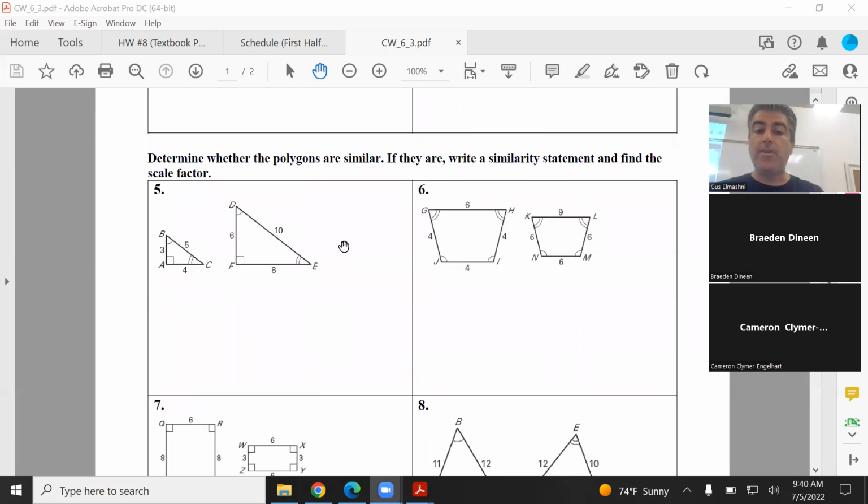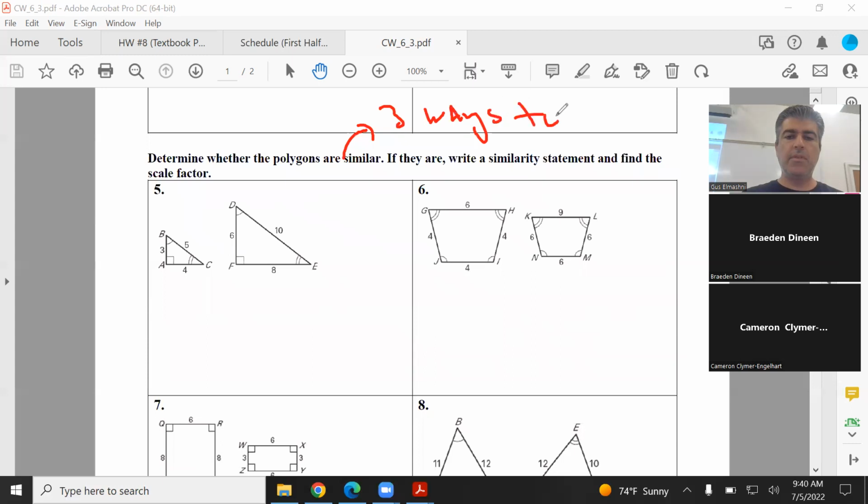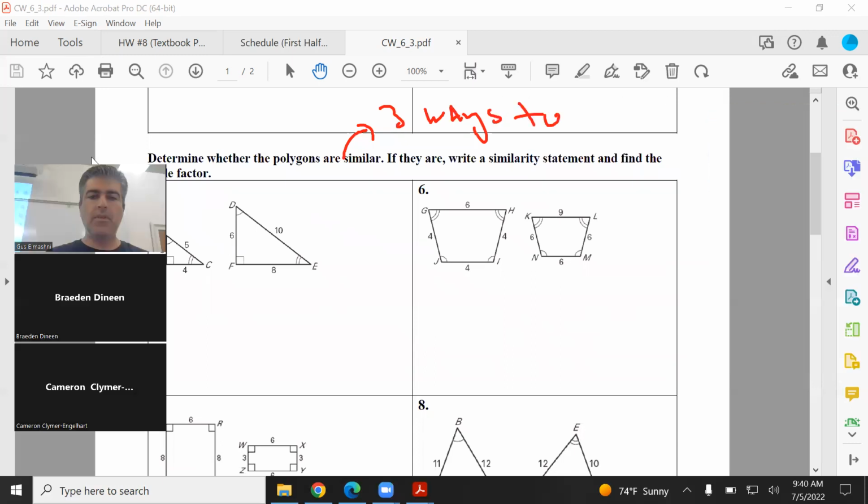Okay, determine whether the polygons are similar. If they are, write a similarity statement. Okay. So there are actually 3 ways to prove polygons similar. Actually, I lied. For polygons in general, there's 2 ways. I was thinking of just triangles specifically.